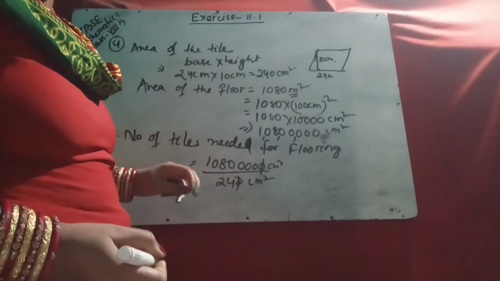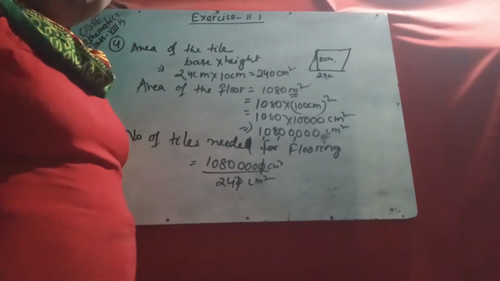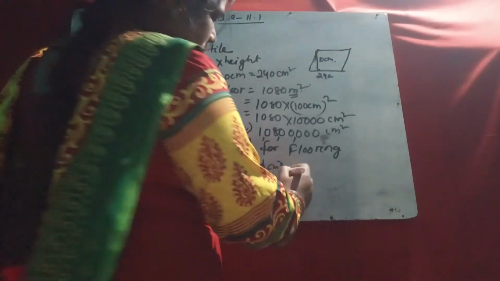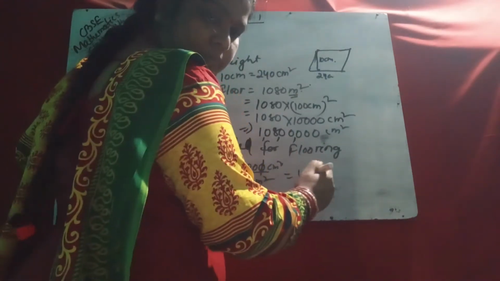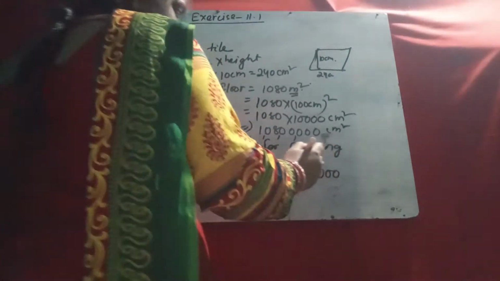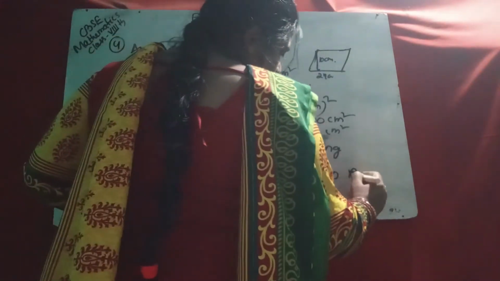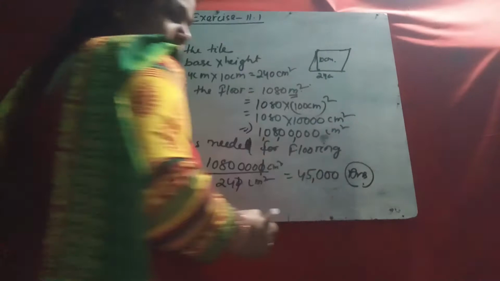By cutting you get 45,000 tiles. So you need 45,000 tiles. This is your answer.